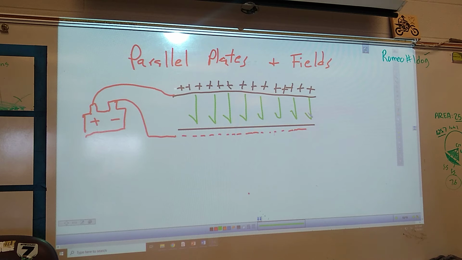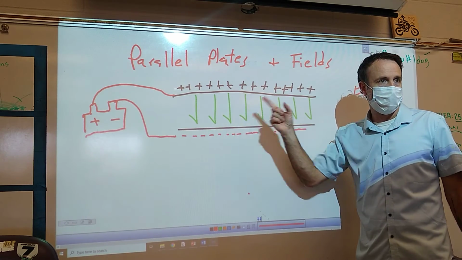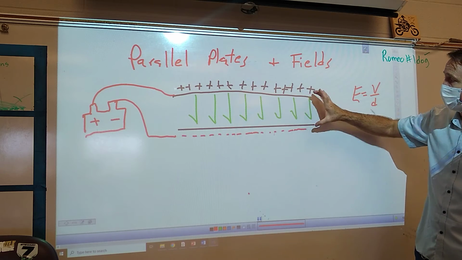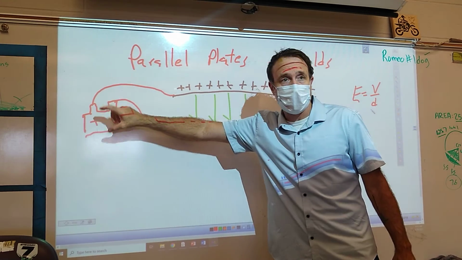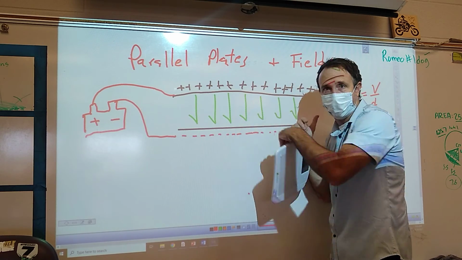You with me? Now, the first thing I could tell you about this is the electric field intensity between these two plates. The electric field intensity is equal to volts per meter. So the strength of this electric field, if you're in the middle and not near the edge, is equal to how many volts this battery is and how close these things are together.